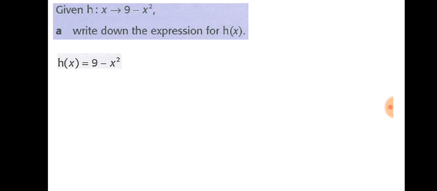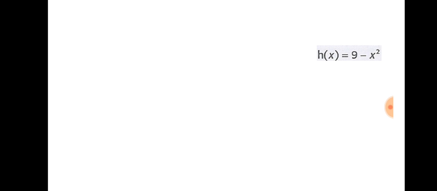H of x is equal to 9 minus x square. Find h of 0. We know that h of x is 9 minus x square. So taking x as 0 in h of x, we get 9 minus 0 square, which is 9.